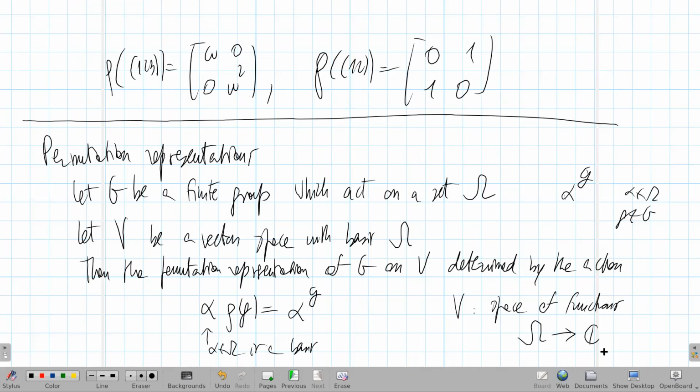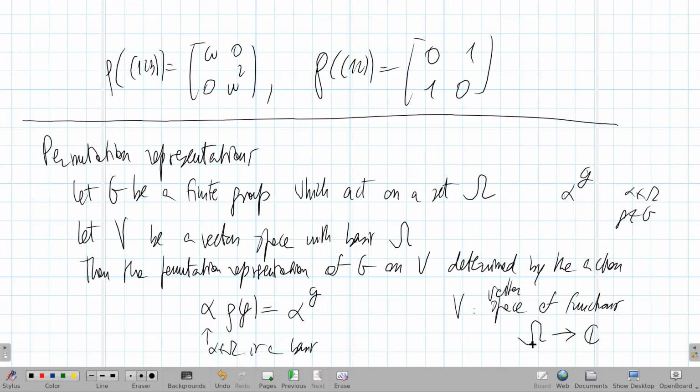And then we found that the Dirac delta functions behaved like the elements of G. And in this case, it's just a vector space. The basis is not given exactly by the elements of omega, but rather by the deltas. So delta of alpha is the function that is 1 on alpha and 0 on all the other elements of omega.